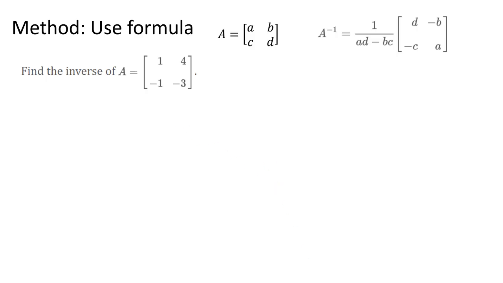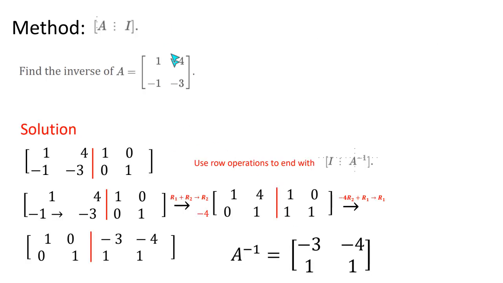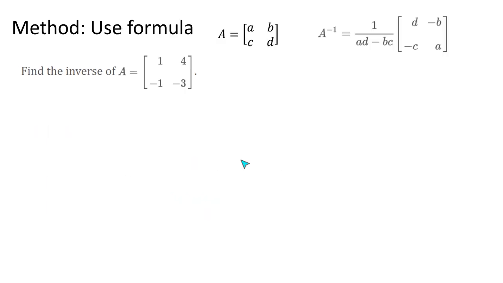The second method, and we're going to go ahead and use the same matrix, that way you can see which method you prefer. So the second method is using this formula. Again, the formula only works if you have a 2 by 2. And so in this formula, we're going to have 1 divided by A times D minus B times C. So that's going to be down here.